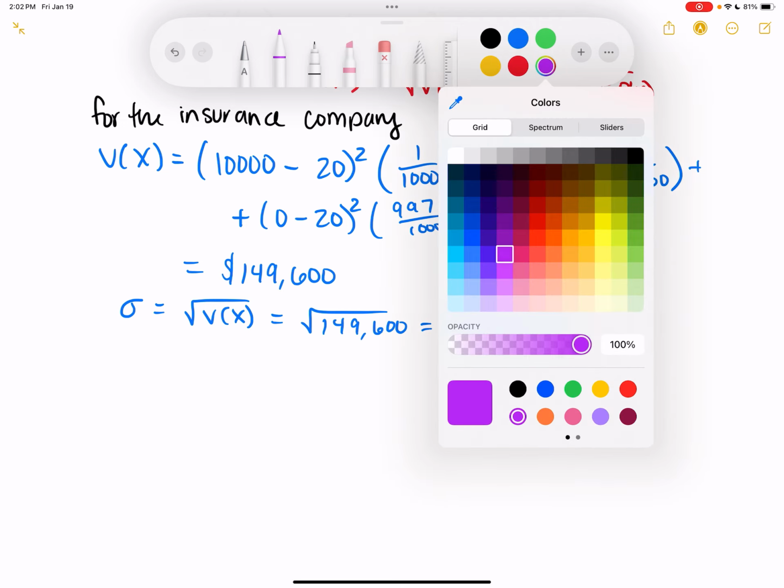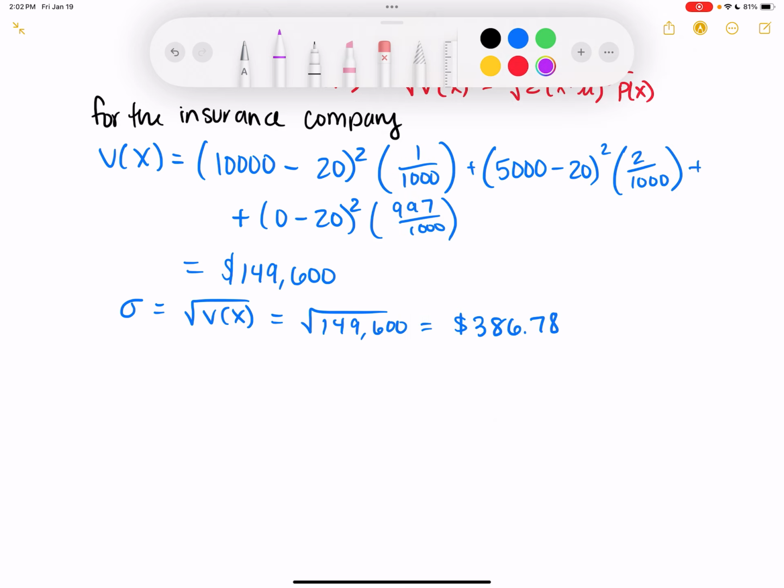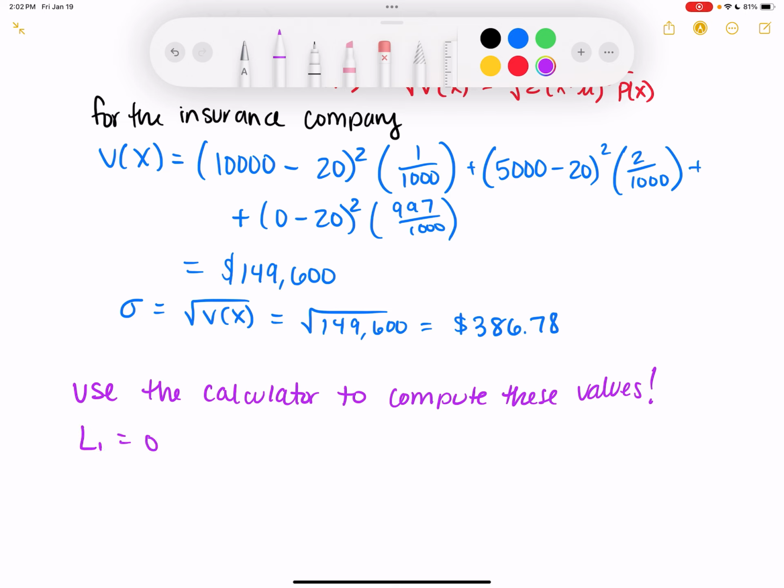Alright. Use the calculator to compute these values. L1 is going to be your outcomes.